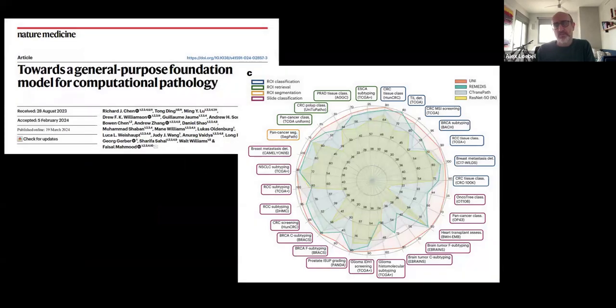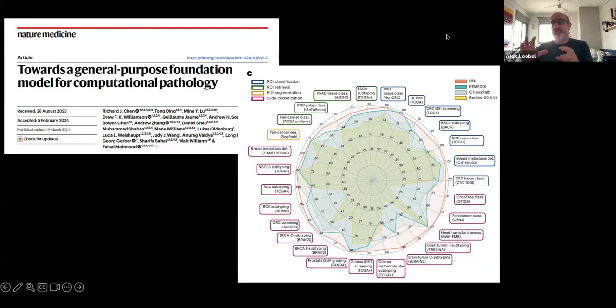So this is one of the biggest and best foundation models that we work with and that exist now. The model was trained on more than 100,000 slides. Here on the right side, you can see that it was tested on more than 30 downstream tasks, and the performance was better than the models that existed before it.